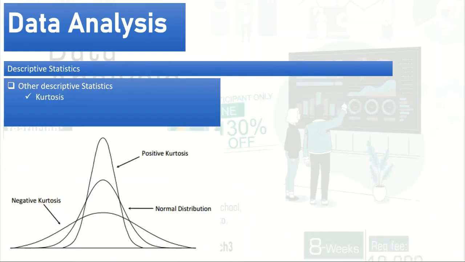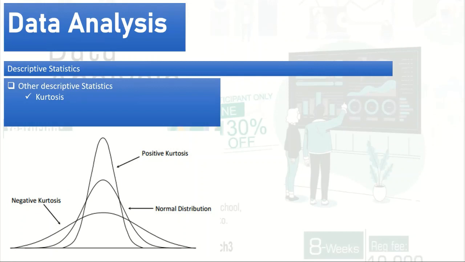Now for kurtosis, same thing. Kurtosis is also another descriptive statistic. What does kurtosis mean? Look at the normal distribution plot in the middle.